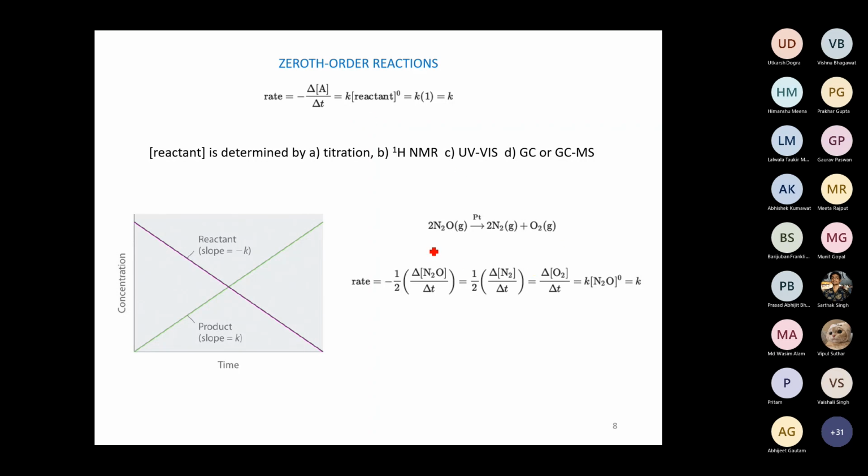Here is one of the examples: the decomposition of nitrous oxide on the surface of platinum to convert to nitrogen and oxygen. Actually, that is the reason why platinum is used in the catalytic converter. Every car has a catalytic converter where the exhaust comes after burning the fuel or petrol.